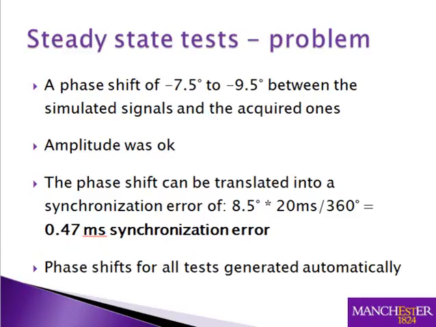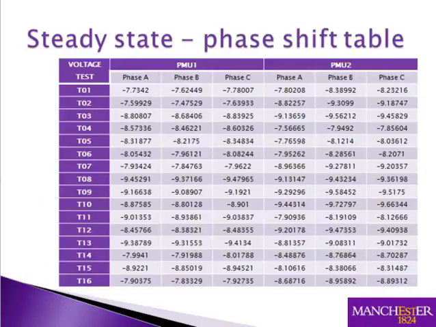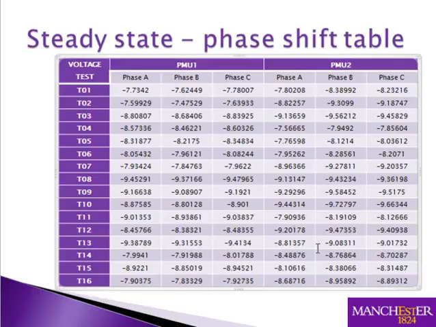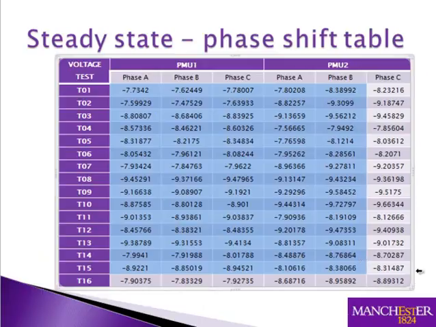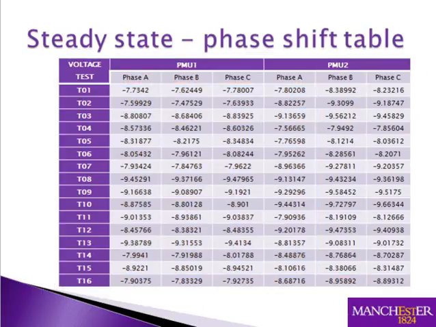So in order to be able to detect this, I actually made a function that analyzed all the tests and nicely output the results. For example, we have for only voltage, 16 tests, and for all phases and for all PMUs. This is the difference between what we got and what we expected to get. So as you can see, they are all in the range of -8 point something, -9, -7 point something.